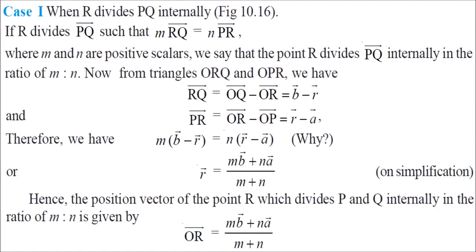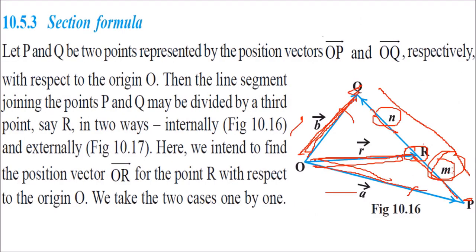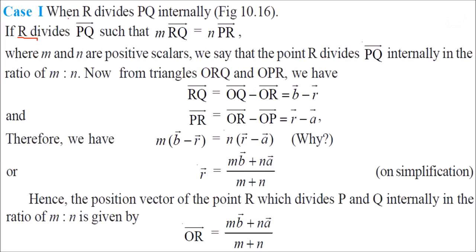Let us see. First of all, if it divides internally, R divides PQ such that M into RQ is equal to N into RP. When it divides internally, MRQ will be equal to NRP. Since M and N are simply positive scalars, we say that R divides PQ internally in the ratio M:N.